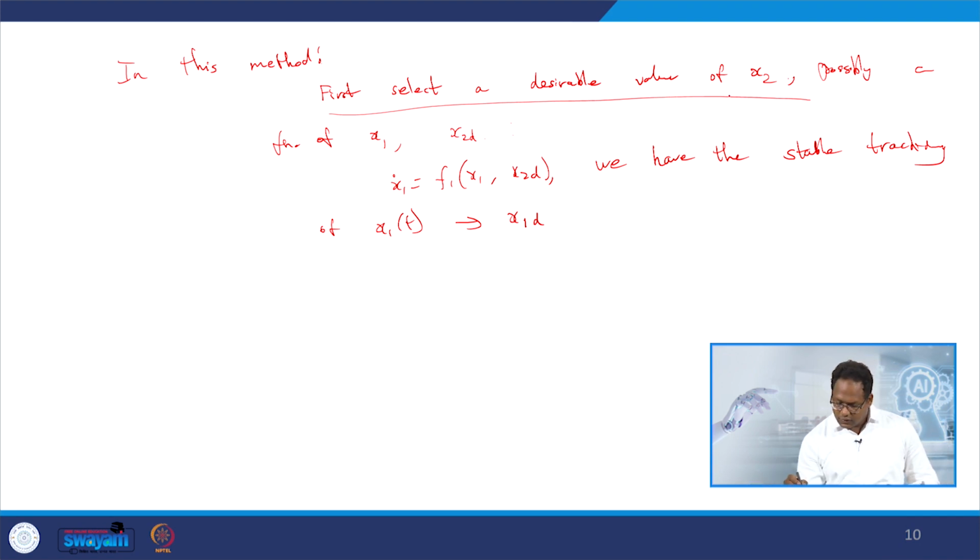By choosing a desired value for x2 state, we can make sure that state x1 of t can track the desired value x1d of t in a stable manner.